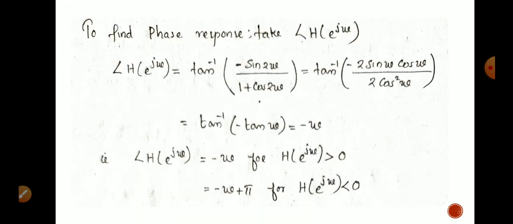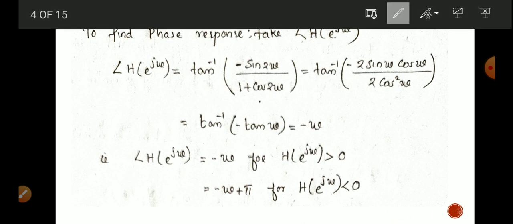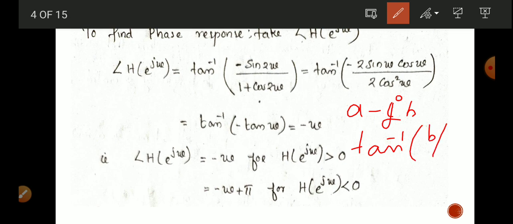Then we can take the angle of a complex number. We have a complex number a minus jb. To find the angle, we can take the equation as tan inverse of b by a.